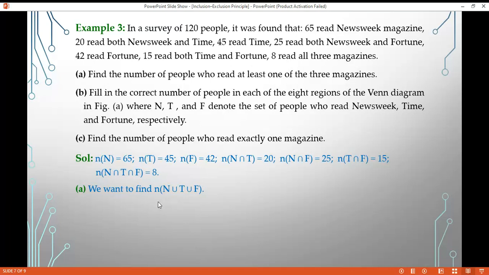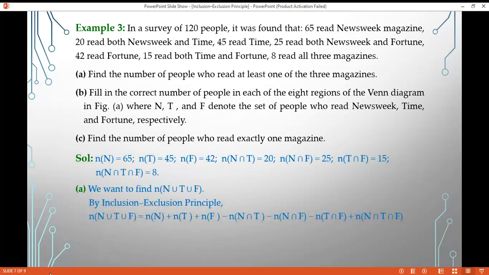So we have to calculate the number of N union T union F, and we obviously use the inclusion-exclusion principle to solve this. That is, n(N union T union F) equals n(N) plus n(T) plus n(F) minus n(N intersection T), n(N intersection F), n(T intersection F), plus n(N intersection T intersection F).